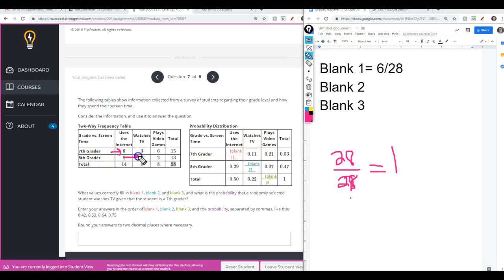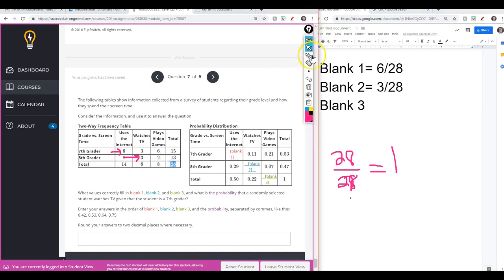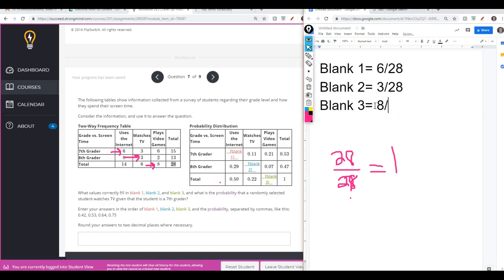Well, that was 3 out of the 28 people that were surveyed right here. And then blank 3 is our total number of people who play video games. So there were 8 total people that played video games out of the 28 people surveyed.